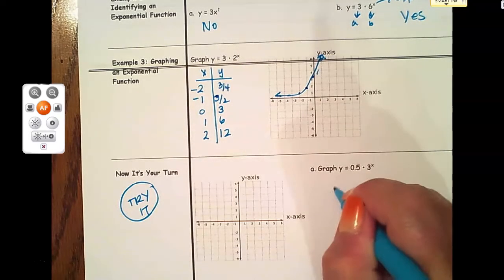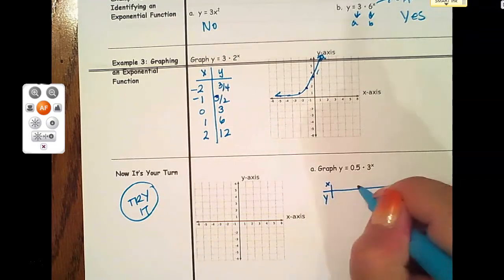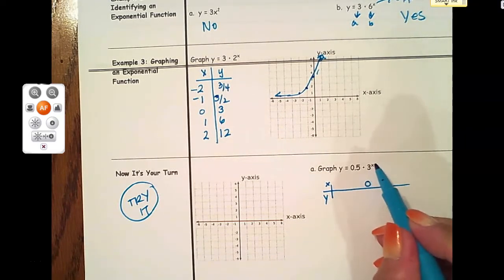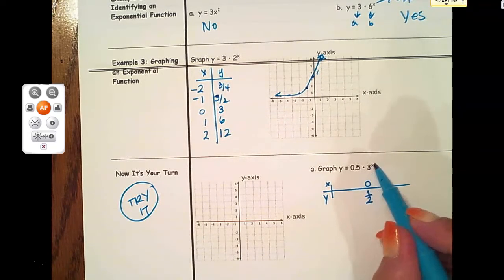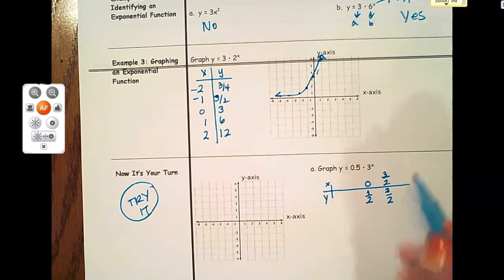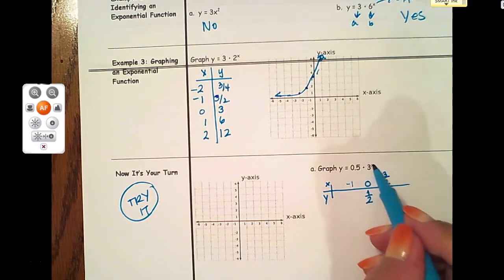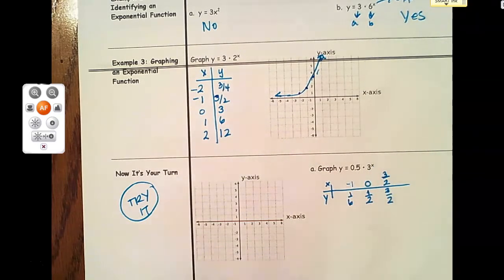That fraction doesn't play a huge role, but let's go ahead and plug in a 0. 3 to the 0 is 1 times a half is a half. And let's see about a -1. 3 to the -1 is 1/3 times half of that, which is 1/6.